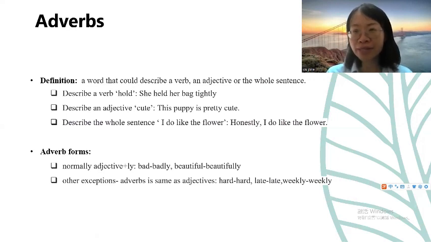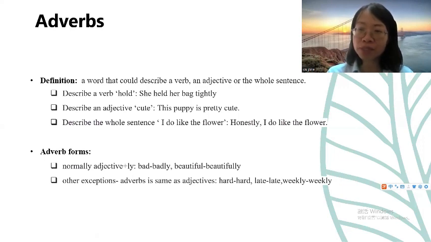So you're right. Usually we have adjective plus ly, or sometimes change y to i and plus ly. For example, bad transforms to the adverb badly. Beautiful transforms to the adverb beautifully.